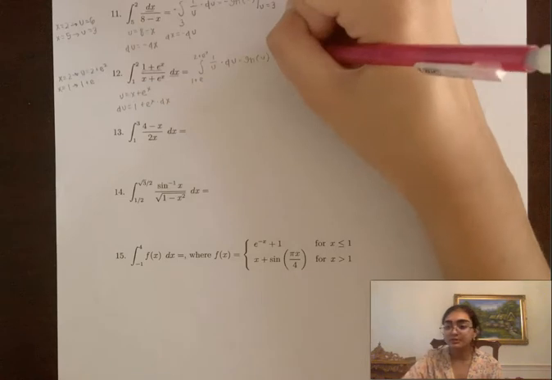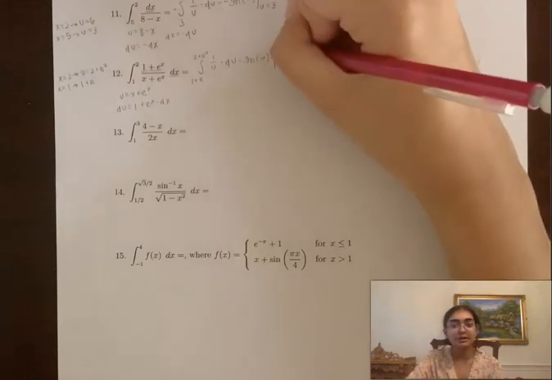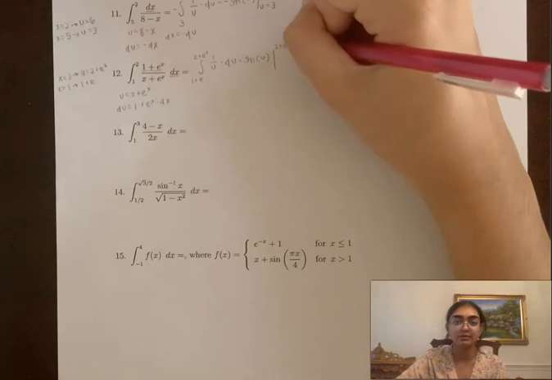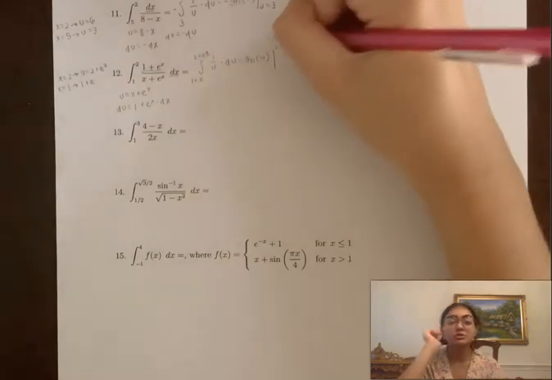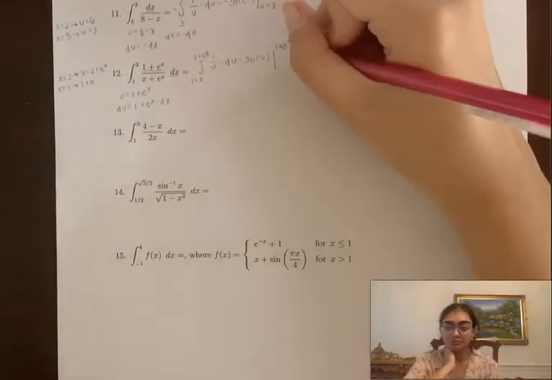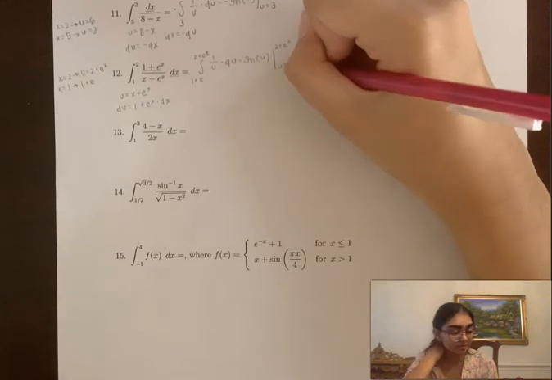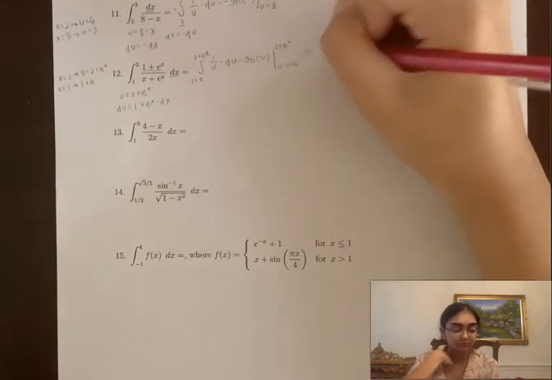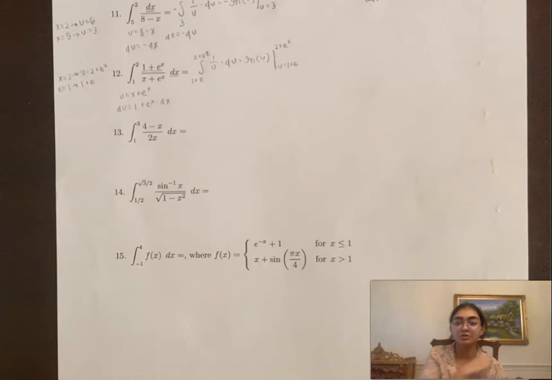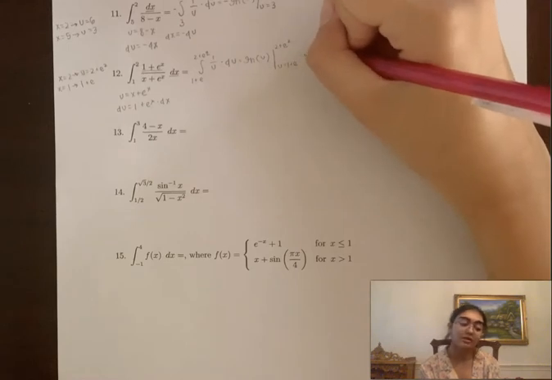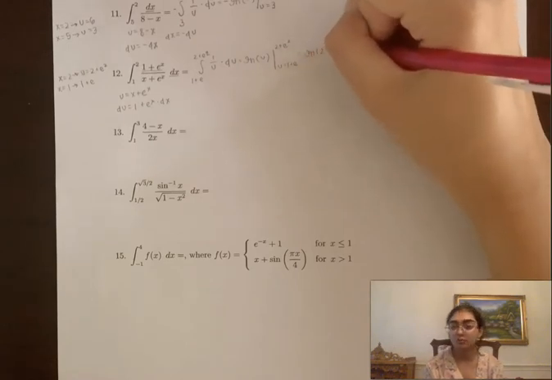It's a simple ln again, so that gives us ln of u as our antiderivative. And we're going to plug in 2 plus e squared and 1 plus e into that problem, right? Which will give us ln of 2 plus e squared minus ln of 1 plus e.